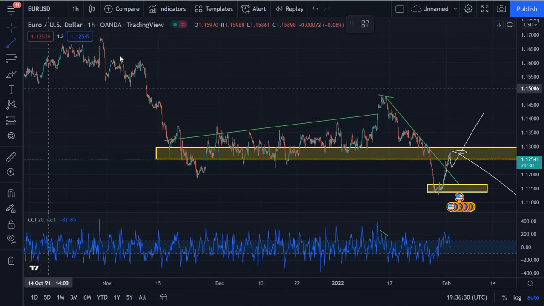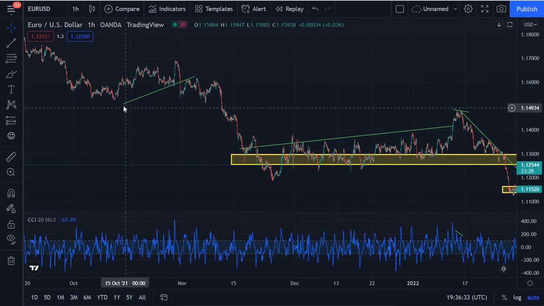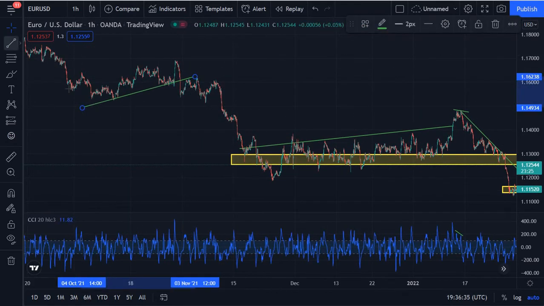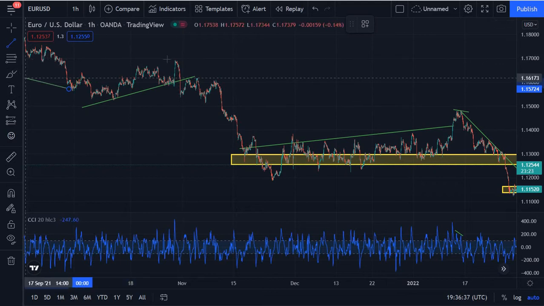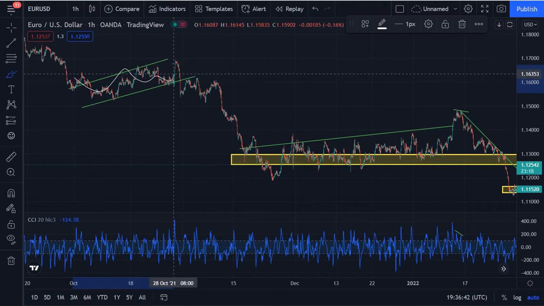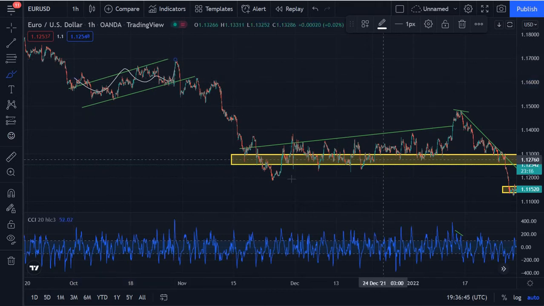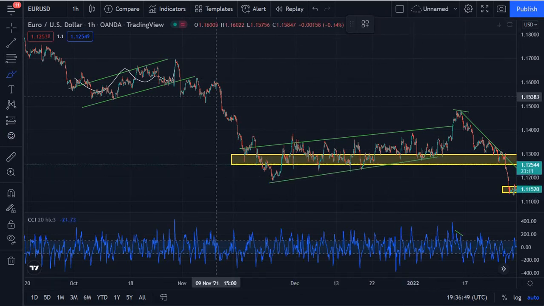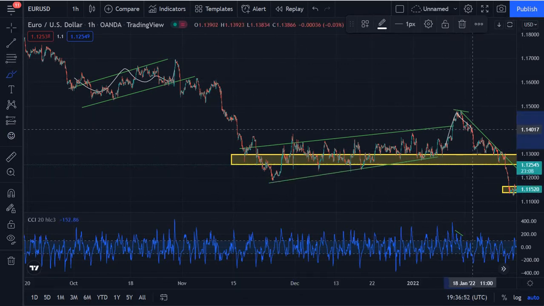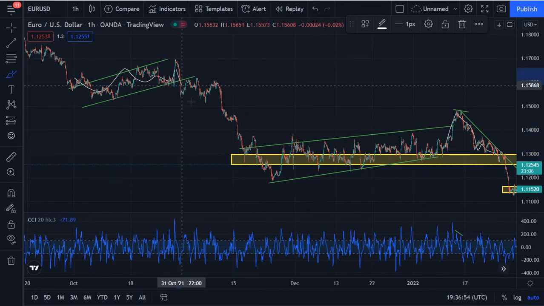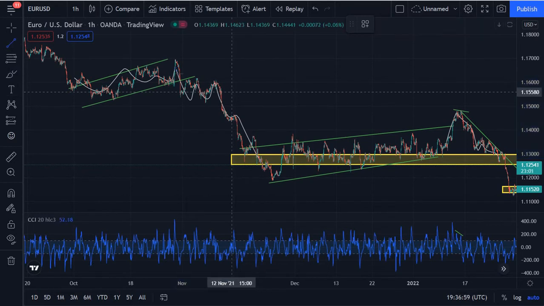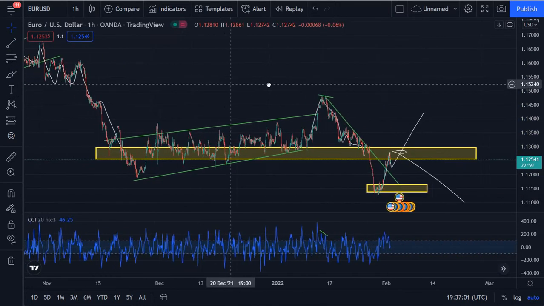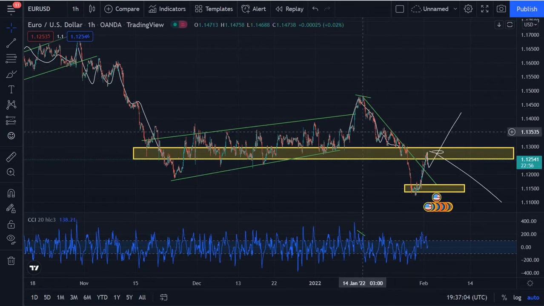If I quickly just draw a line here somewhere, we had a kind of similar pattern where we broke out here, pushed higher, same as here, just quickly drawing this line. So push higher, and then the market went lower. So here again, push higher, market went lower. So the same could happen here as well.